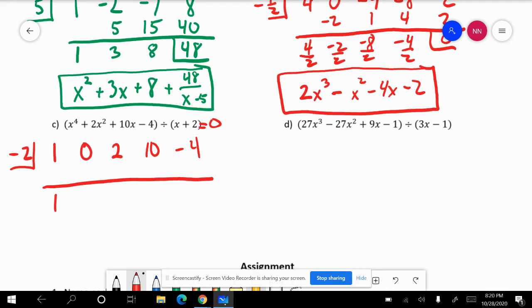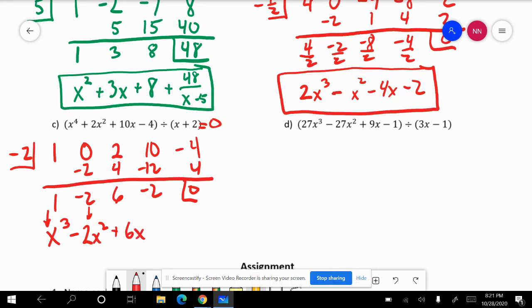We bring down the 1, times it, add it, times it, add it, multiply, and we get 4. It goes in evenly again. So we get x cubed minus 2x squared. Remember, these are the coefficients, plus 6x minus 2.